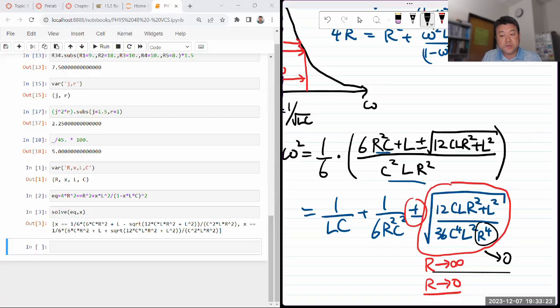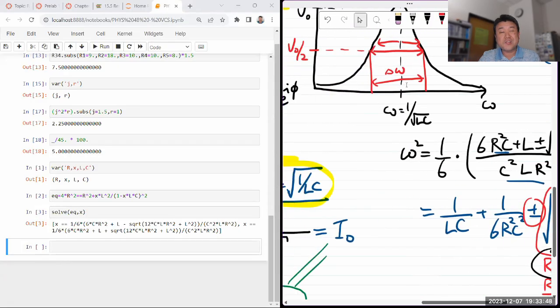So as R goes to infinity, this thing that determines the width goes to 0, which means at larger resistance values, your resonance becomes more sharply peaked. That means the quality factor, the Q factor, increases with increasing resistance.